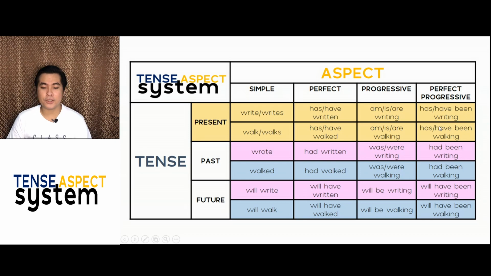In this example, you have has for singular subject, plus been, the past participle of be, and then we have the present participle of the main verb, writing. So have for plural subject. And the same thing with has or have been plus walking. So that's your simple present, present perfect, present progressive, and your present perfect progressive.